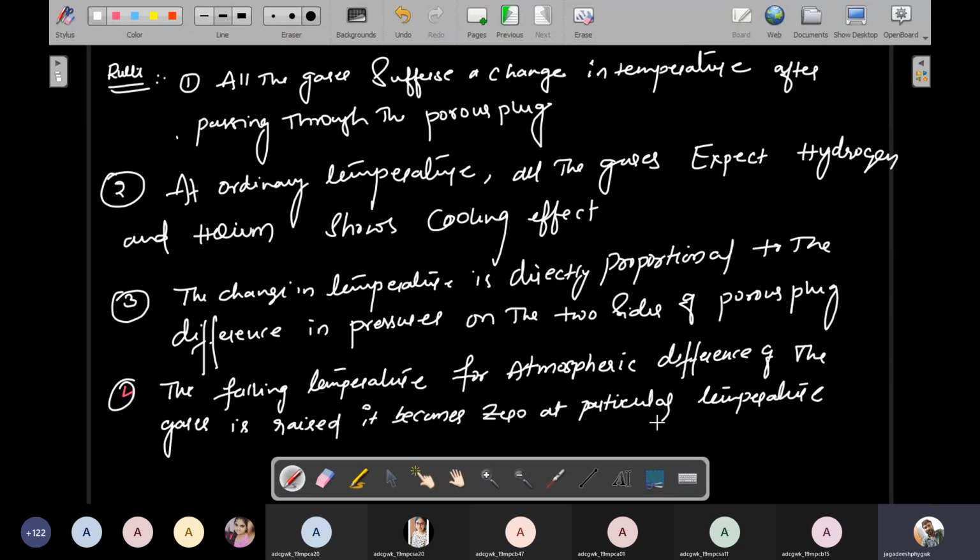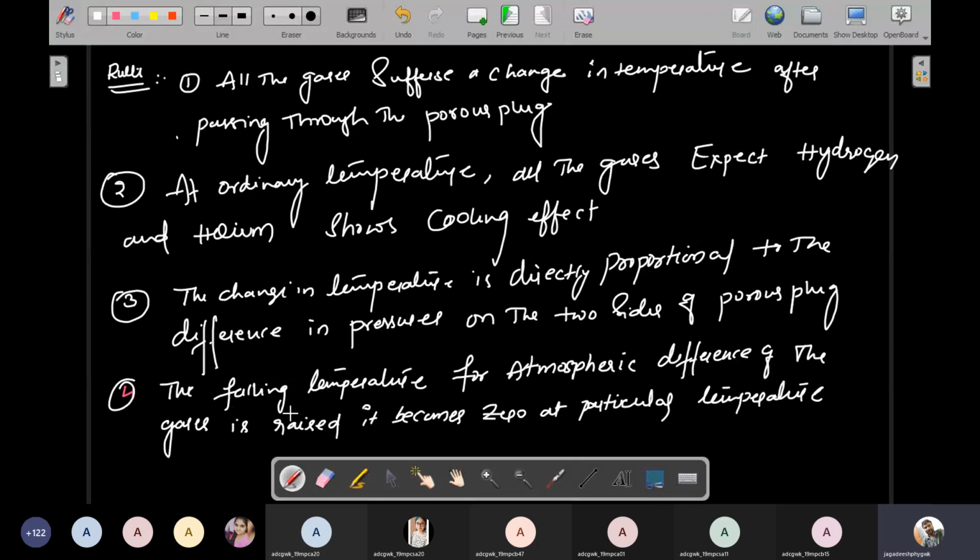It becomes zero at a particular temperature, which is different for different gases actually. I am not writing that here. So at a particular temperature, it will show zero temperature. That temperature is called inversion temperature.